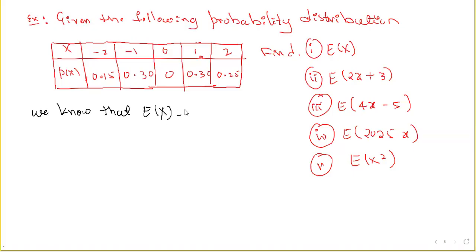Which formula should I use? Either expectation, summation i running from 1 to n of xi pi, or integration from minus infinity to infinity of x f of x dx? Which formula should I use here?